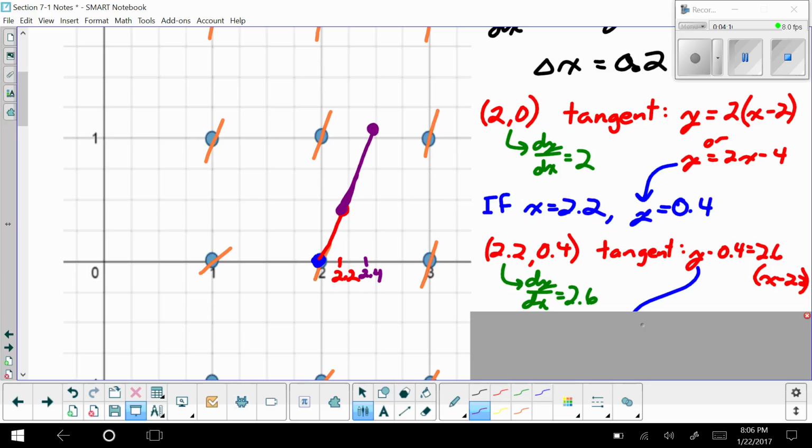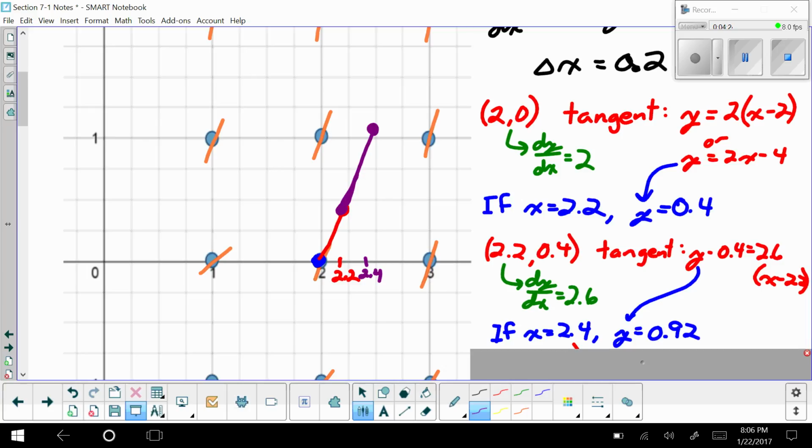A little bit steeper than 2, but not as steep as a slope of 3. And I get my tangent line, which if I plug in what the y value at 2.4 is, I get about 0.92. So my sketch isn't the greatest, but it's that idea that everybody who's doing this method is getting that y is about 0.92 when x is 2.4.